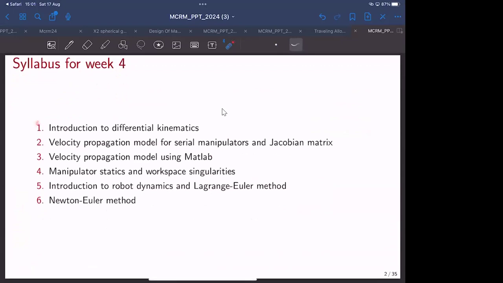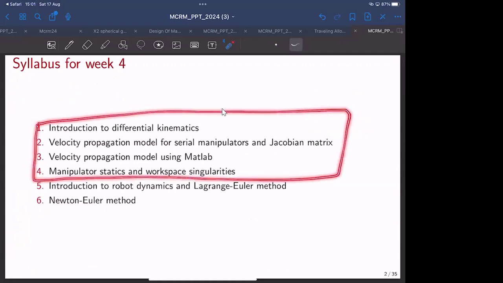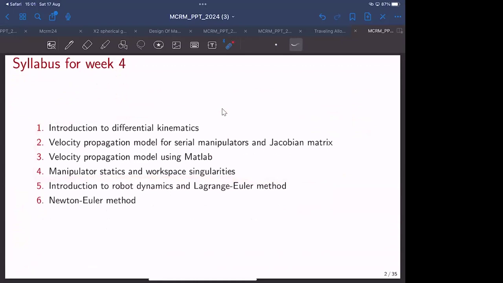So for this week, the syllabus for our discussions would be from points 1 to 4, right? Because if we have followed lectures, we have covered a brief introduction to differential kinematics. We have also derived the equations for velocity propagation models for serial robots.